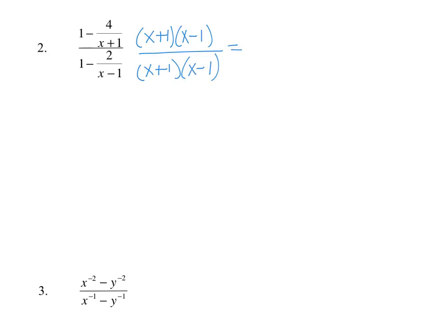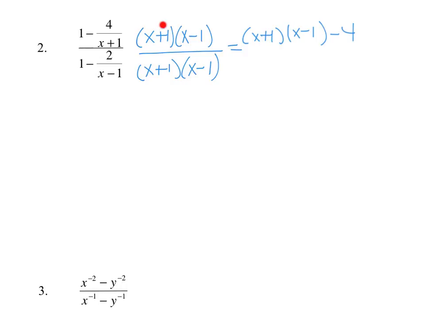Alright, when I multiply that out, over here with this 1, nothing is going to cancel, so I'm simply going to get x plus 1 times x minus 1, and then I'm going to get on the top minus 4 from this guy right here.